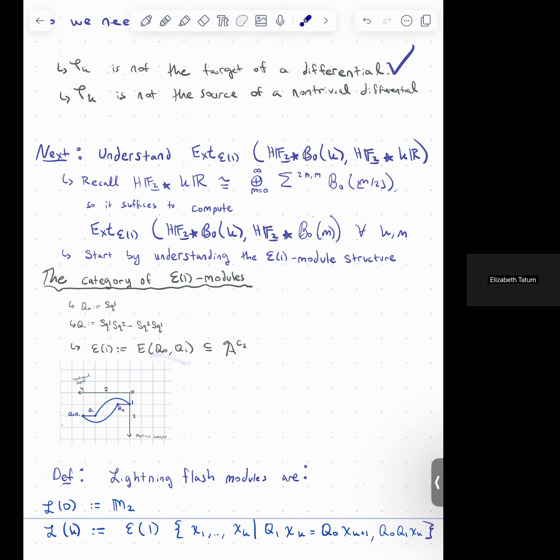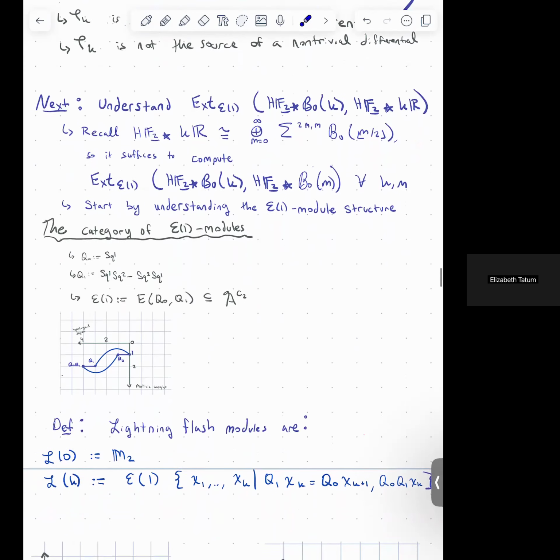It's exterior, and it's contained in this complicated Steenrod algebra, but it really is just an exterior algebra on two generators. You have to keep track of what Q0 and Q1 are doing to the topological degree and also the motivic weight. Because we're grading on homology here, Q0 and Q1 are going to decrease topological degree and motivic weight.